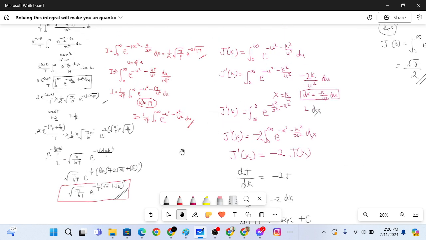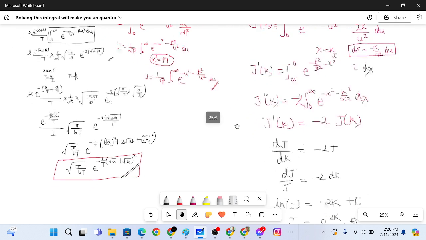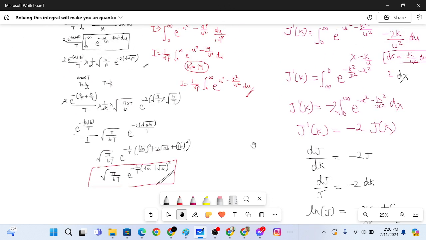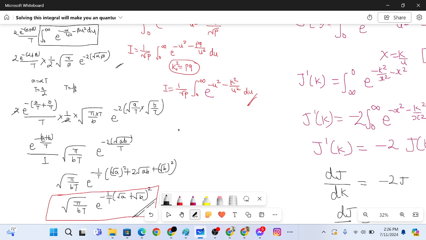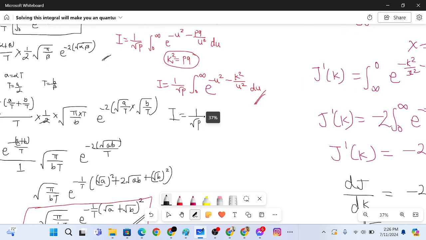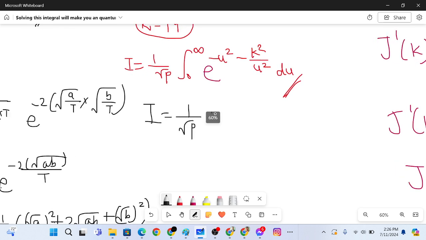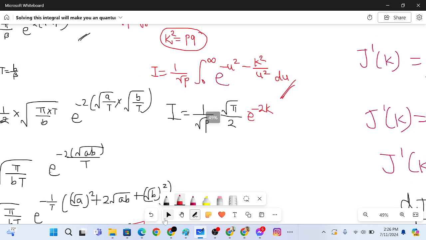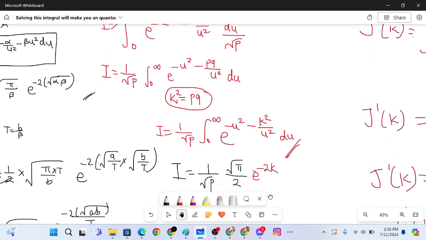Yes. Now let us go over here. We know that the solution is root pi by 2 times e to the power minus 2k. So I is equal to 1 by root p times root pi by 2 e to the power minus 2k. Good. Now we know that k is just root pq.